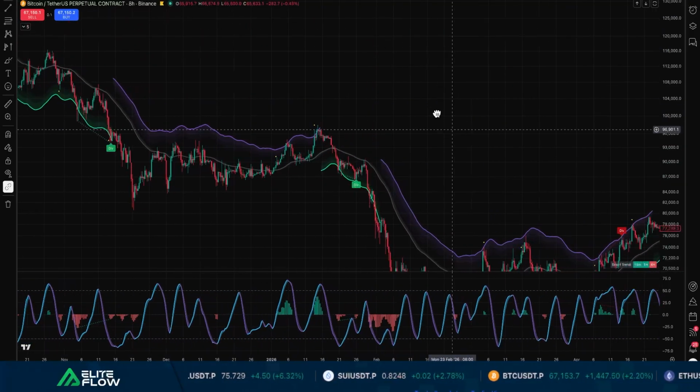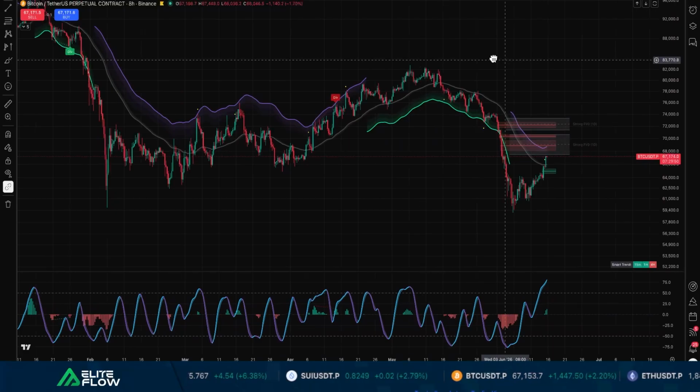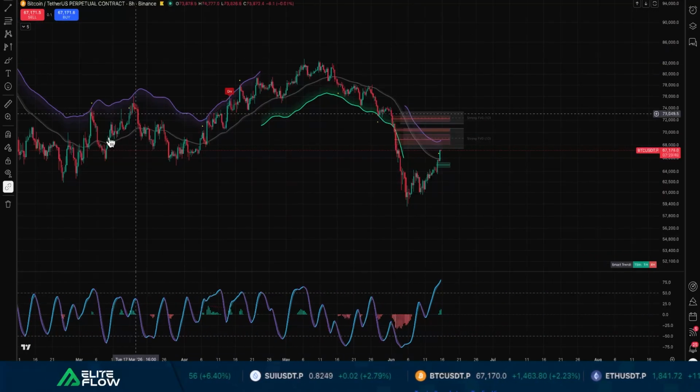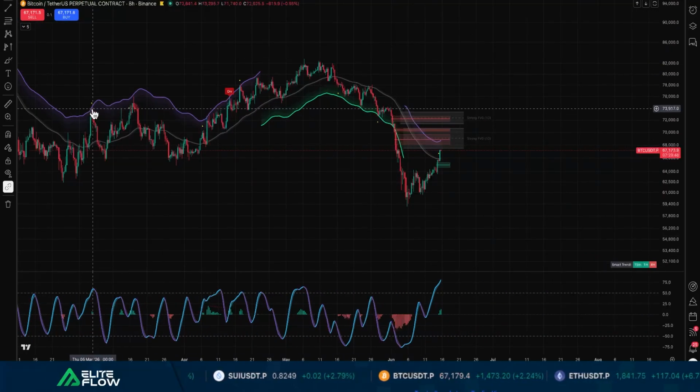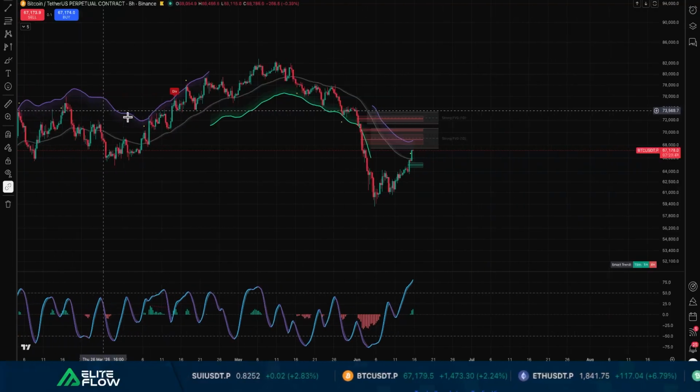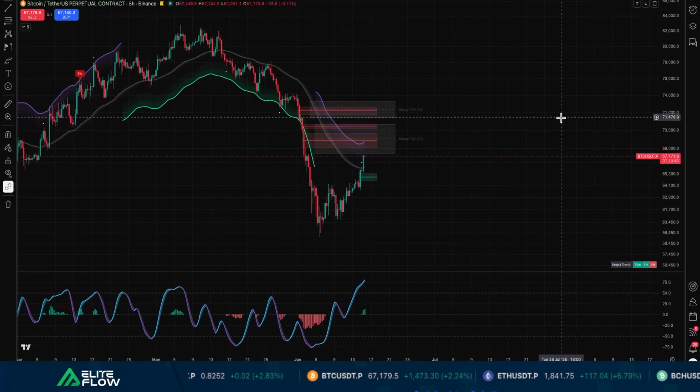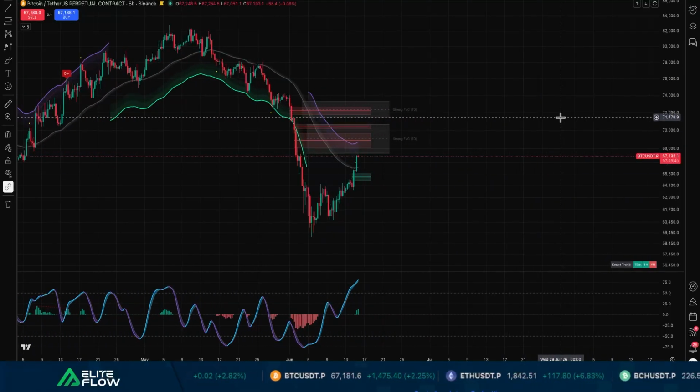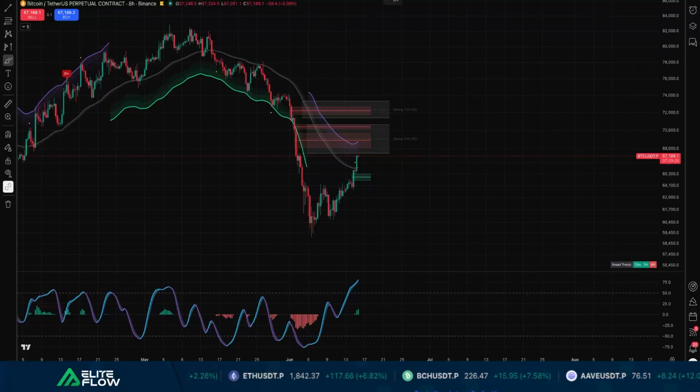Now, what else can we do to make sure that we're not just blindly taking the smart trend short? No, we need to take high probability trades. How do you take a high probability trade? I think I've mentioned this in some of my previous videos. A good trade that I like to take is when I have two different time frames' fair value gaps in the same area as the exponential moving average.